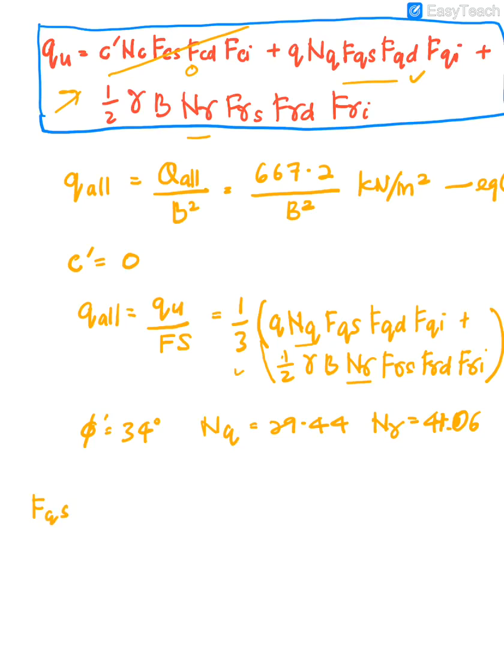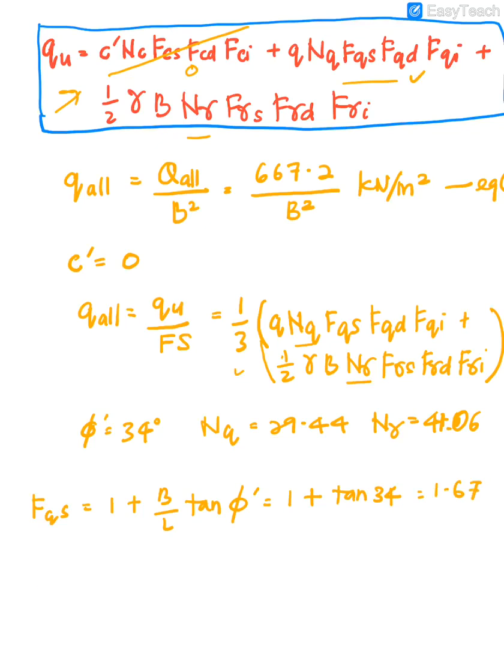F_qs equals 1 plus B over L tangent phi prime, equal to 1 plus tangent 34, equal to 1.67.